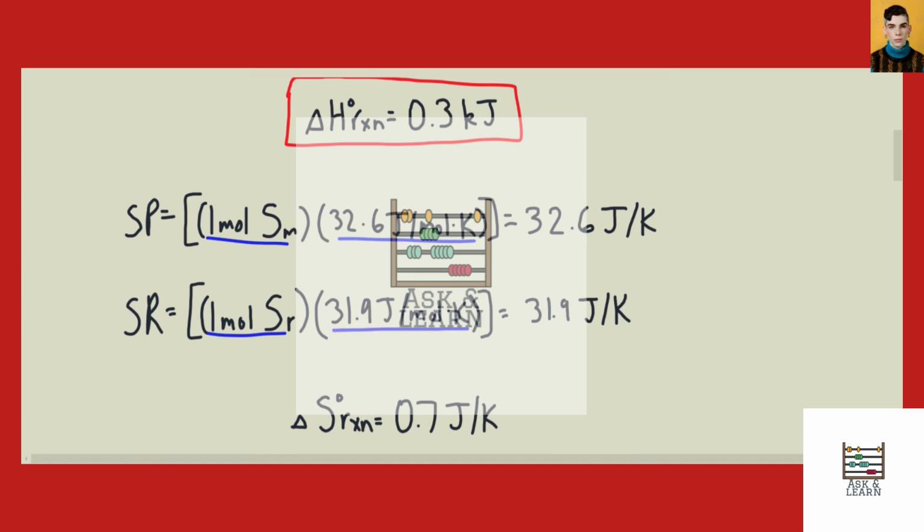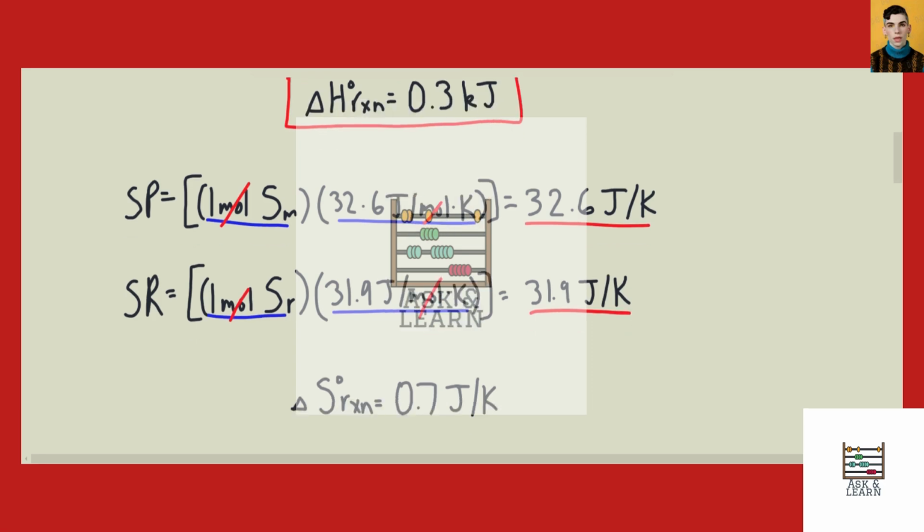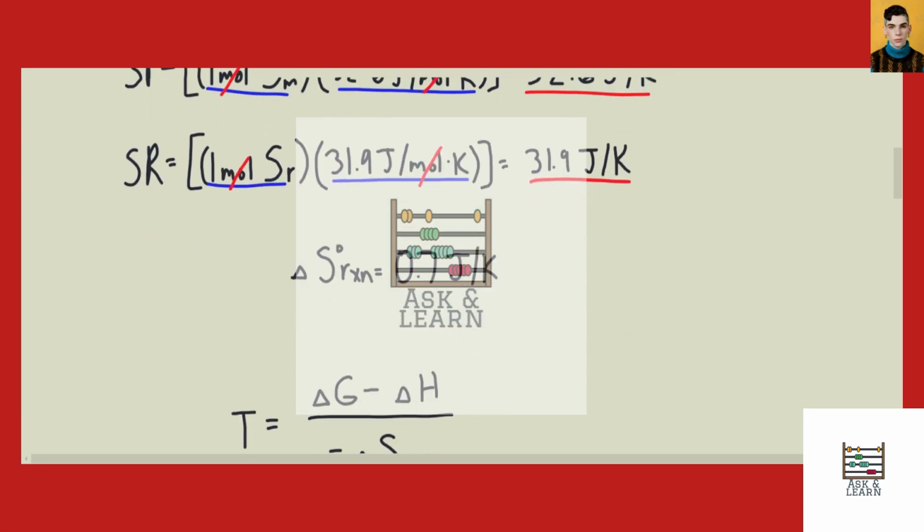This time, when we cancel out the units of moles, we are left with total entropy units of joules per Kelvin. So we can get the total entropy of the products and then subtract the total entropy of the reactants to get the overall change in entropy of this reaction to be 0.7 joules per Kelvin.